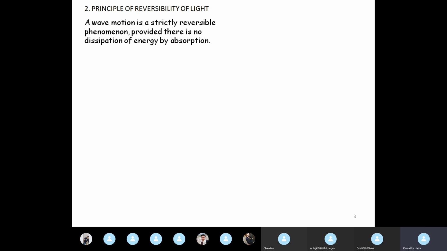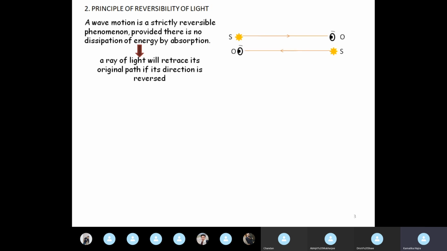What does it mean in plain language? A ray of light will retrace its original path if the direction is reversed, provided of course there is no energy absorption anywhere. If you do not keep any absorbing material anywhere that might absorb the light, like a black hole or something, then the ray of light will always retrace its original path. A simple cartoon to show what I'm trying to say: suppose this is the source S and this is the observer.